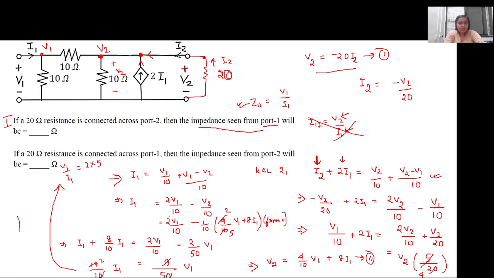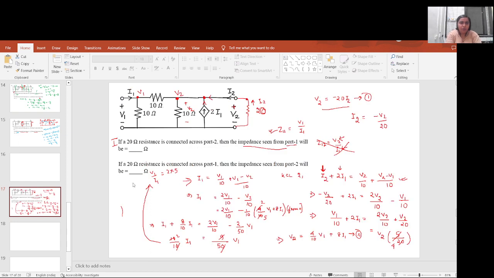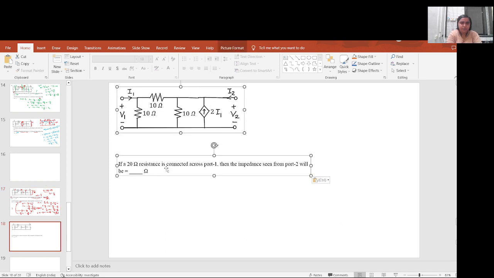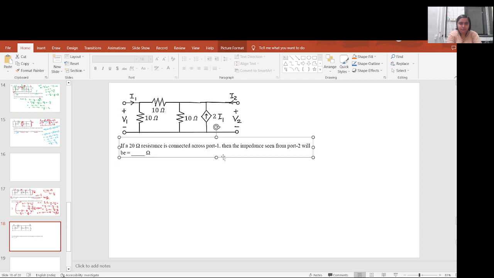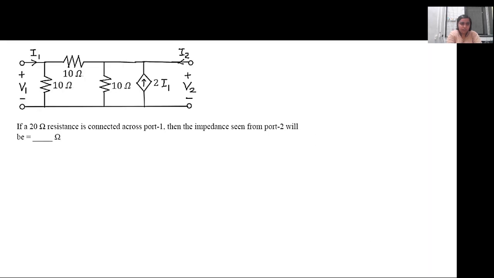So the next portion of the circuit is when a 20 ohm is connected across port 1. So we'll copy it to the next one. Now instead of port 2, in port 1 the 20 ohm resistance is connected and we have to calculate the impedance as seen from port 2.